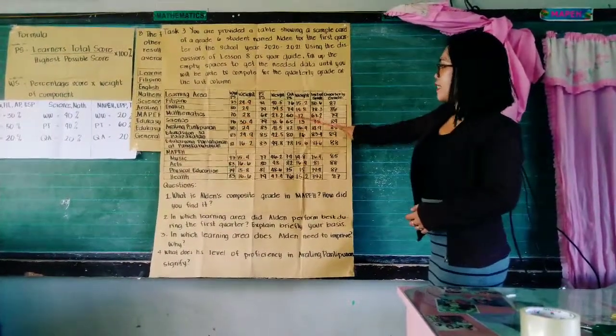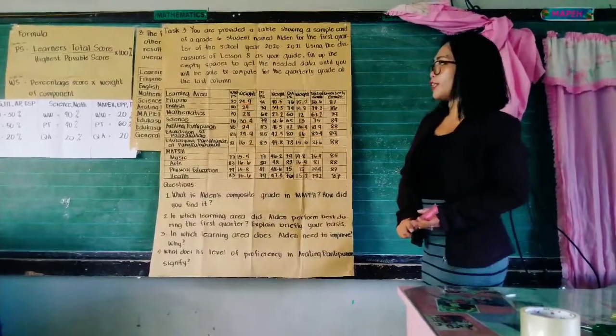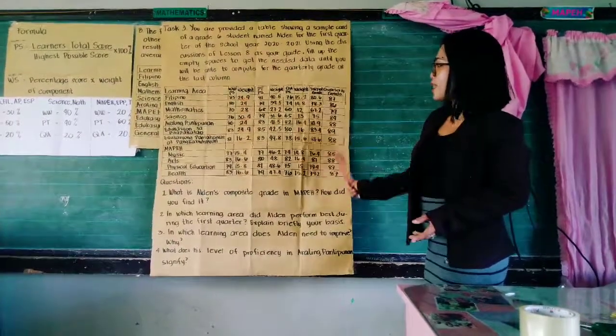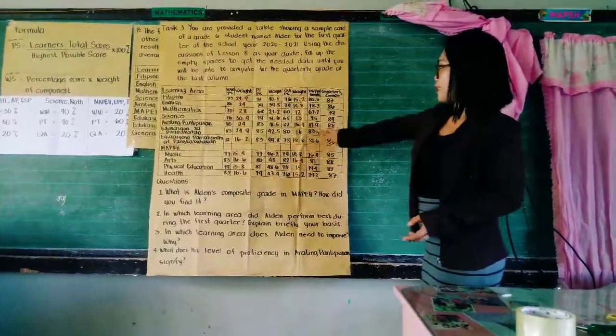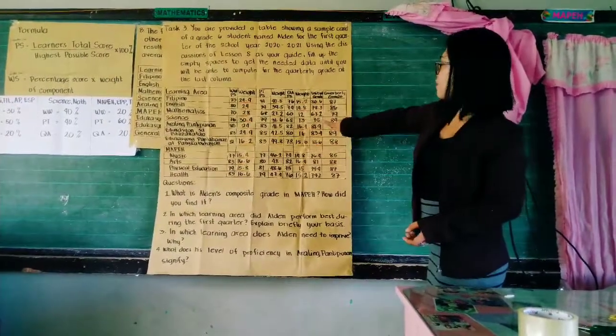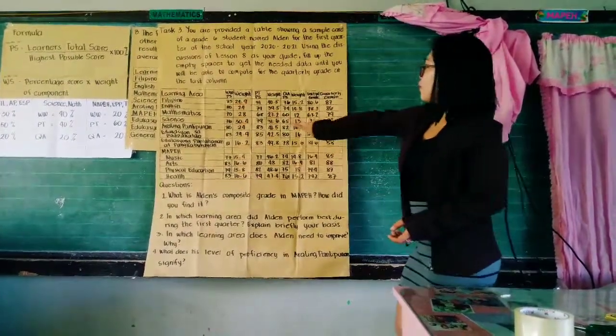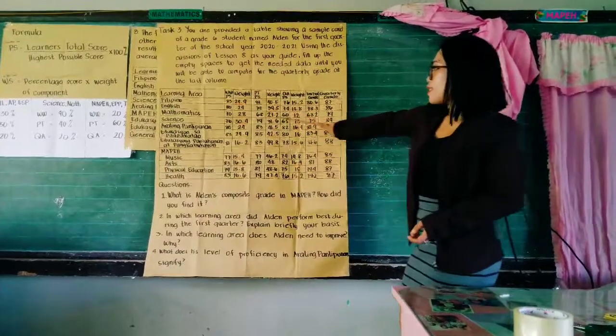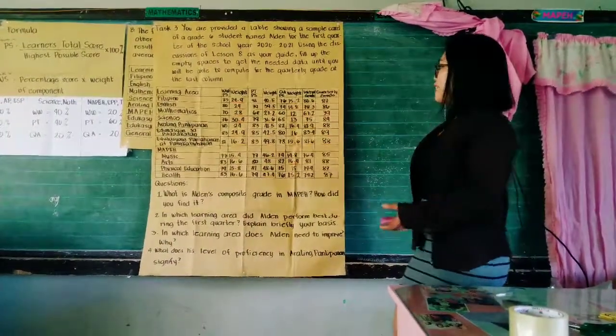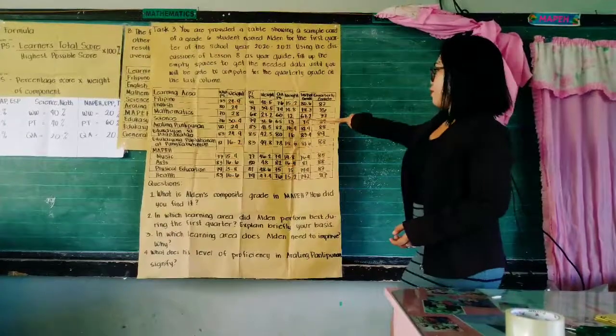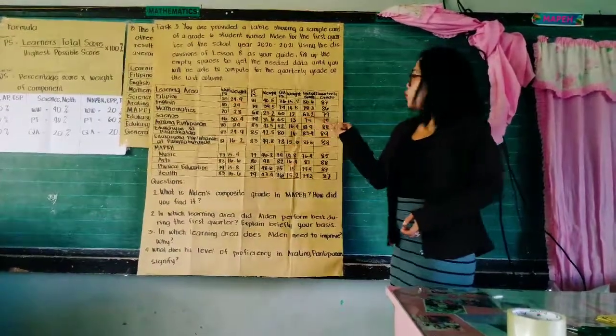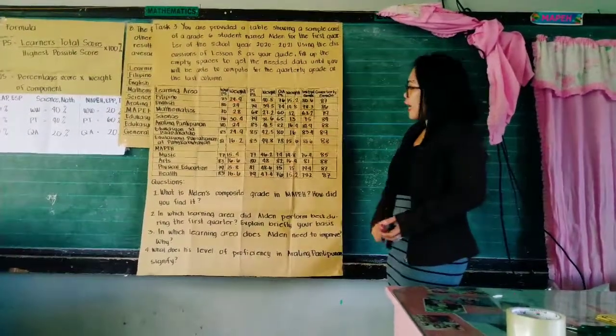Then, 60 times 20% for the quarterly assessment, the weight of the component in Mathematics being 20%, equals 12. So, 28 plus 27.2 plus 12 equals 67.2. And the transmuted grade for that is 79.